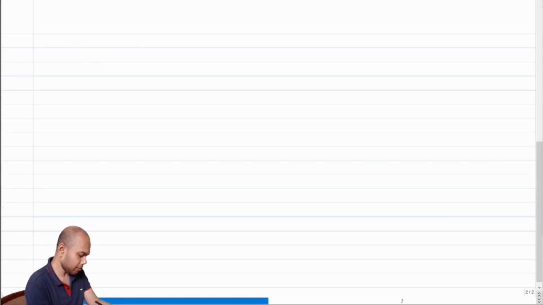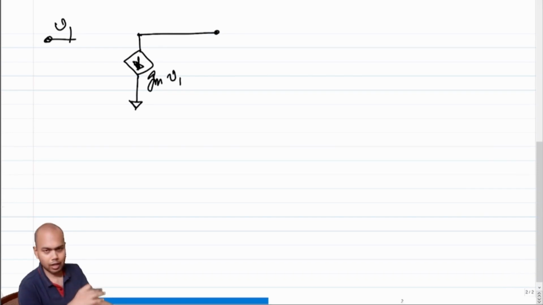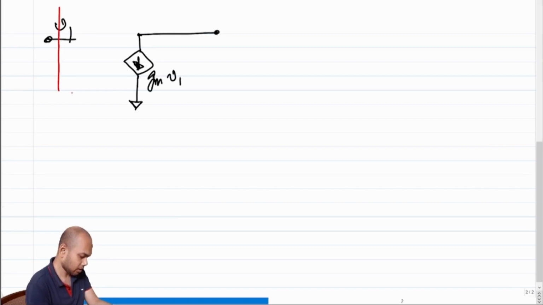what is a common source amplifier? A common source amplifier is a case where I have an input, let's say I call it V1, right? So this current is Gm times V1, and this is flowing out. I am ignoring channel length modulation. So your common source amplifier essentially becomes this.